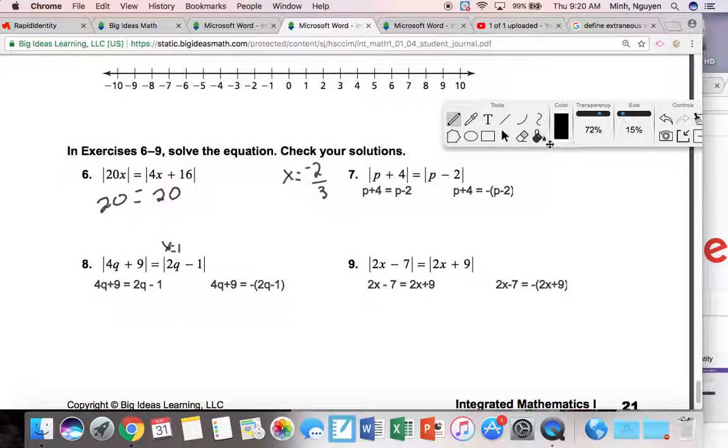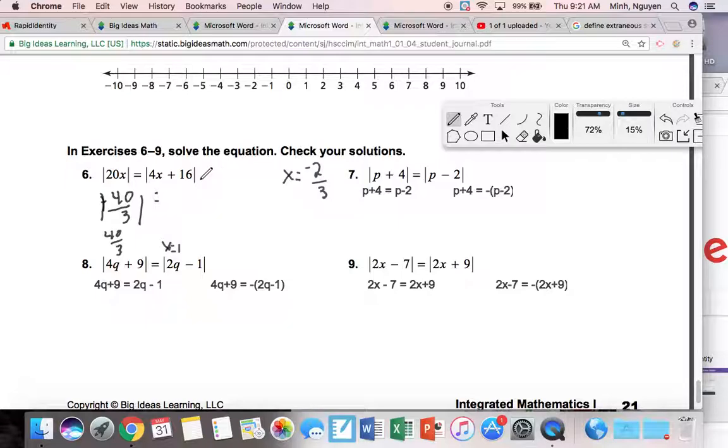Negative 2/3 is going to be a little dicier because we have a negative and a fraction. So 20 times negative 2/3 is negative 40 over 3. If I take the absolute value of it, the negative sign goes away. I have 40 over 3 on the left side.